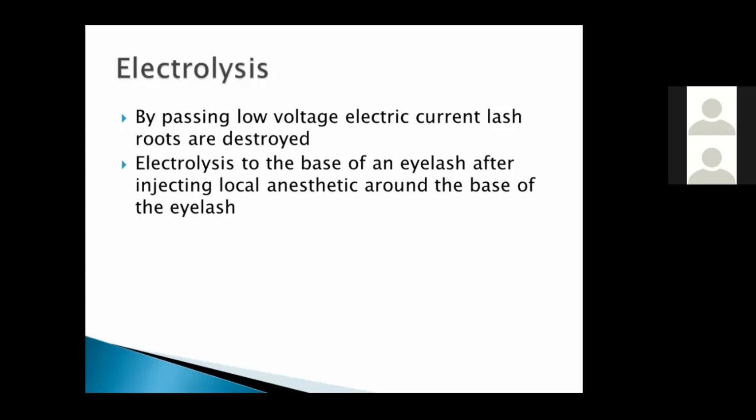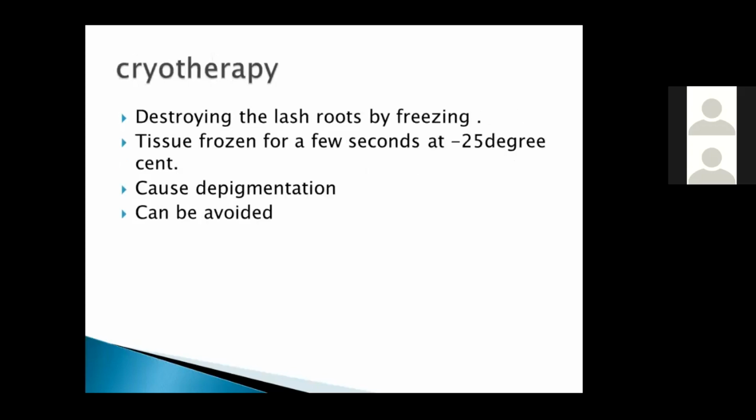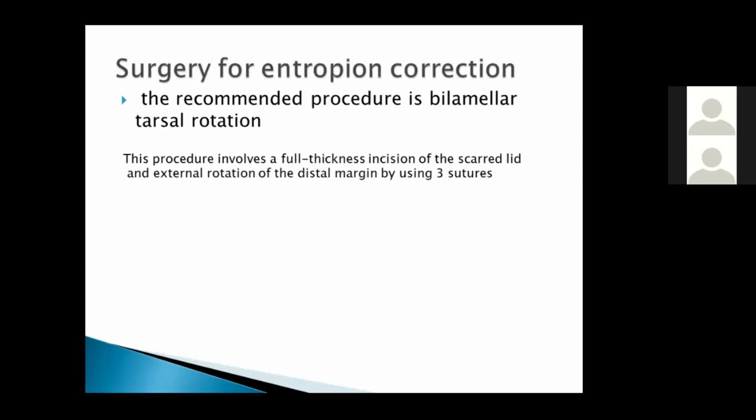Electrolysis is preferred because it destroys the root of the lash. The other option is cryotherapy, where you freeze the lash so that it will not regrow in that place. The WHO also recommends bilateral tarsal rotation for entropion.